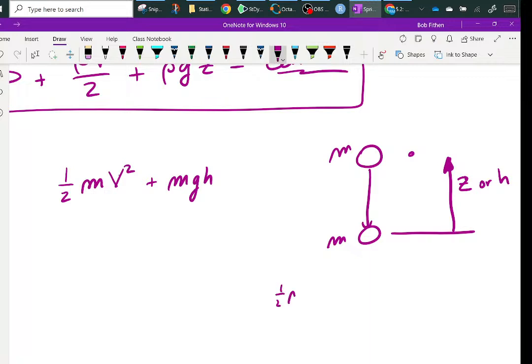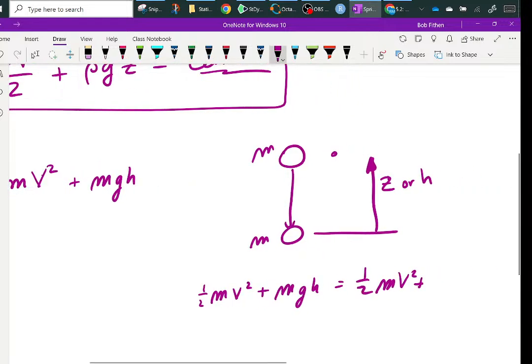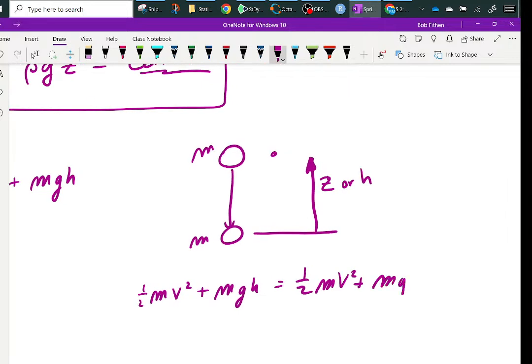So what you would do, 1/2 mv squared plus mgh equals 1/2 mv squared plus mgh. Now, what you were doing is you were saying, here's a spot right here, and then a few seconds later, here's the same spot, but the ball, the marble, went from spot 1 to spot 2.